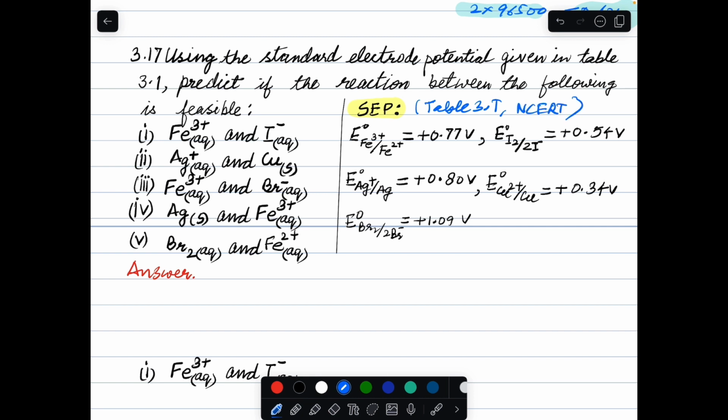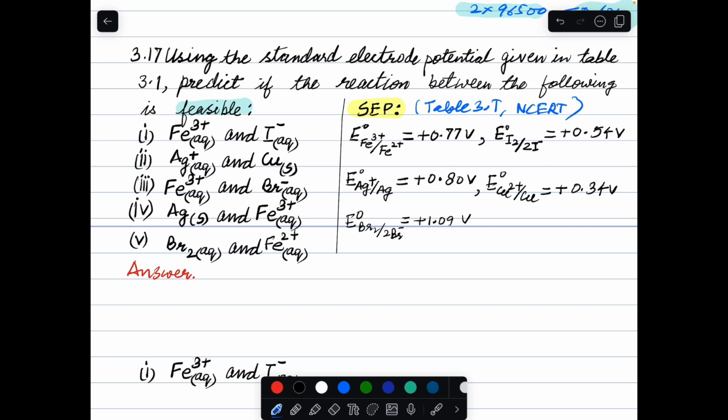So these are the values which we require according to the reaction we will be doing in this case. They have given you different combinations, and according to the combination of electrodes we have to tell whether the reaction will be feasible or not. We have to check the feasibility of the reaction.